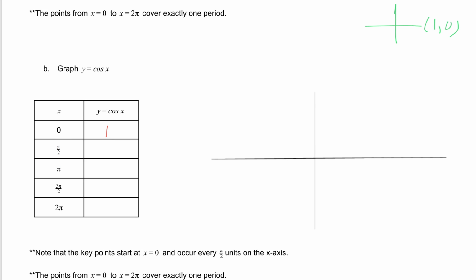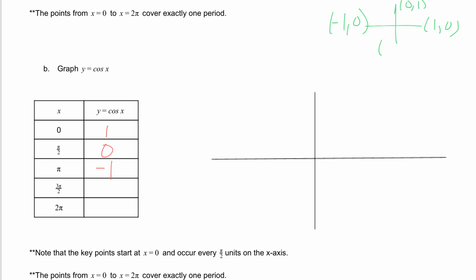If we do pi over 2, remember pi over 2 is up here at the top. That point would be the point 0, 1. So cosine is x, so now x is 0. Cosine of pi, we would be over here on the left, which is the point -1, 0. So our x value is -1. 3 pi over 2, we're down here.